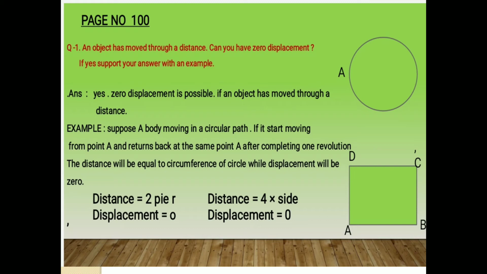Next example: suppose a body moving in a circular path starts from A and returns to the same point A after completing one revolution. The distance will be equal to the circumference of the circle, while the displacement will be 0. Is it clear? Displacement may be 0 but distance can never be 0.